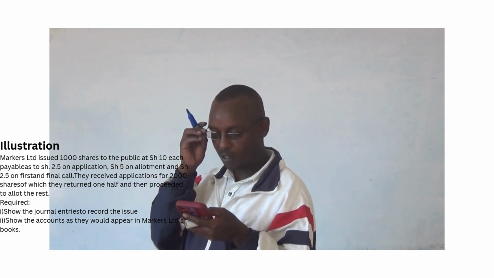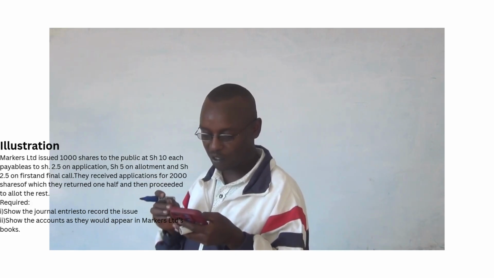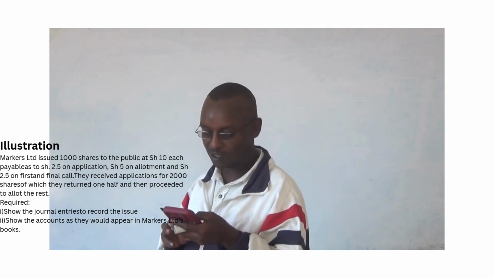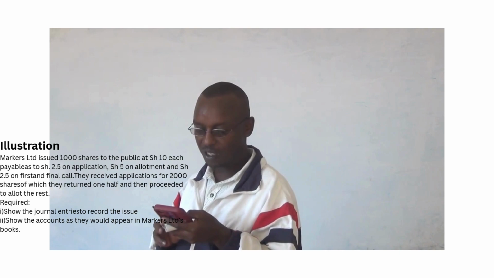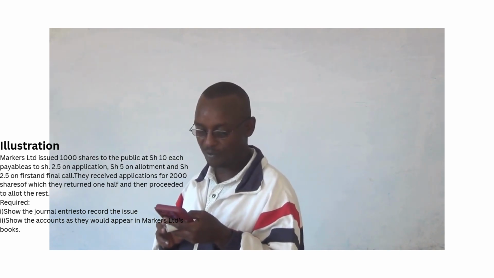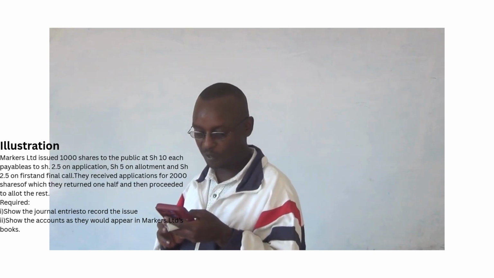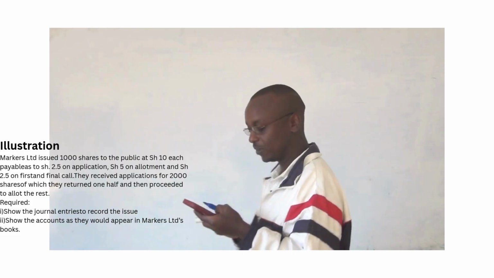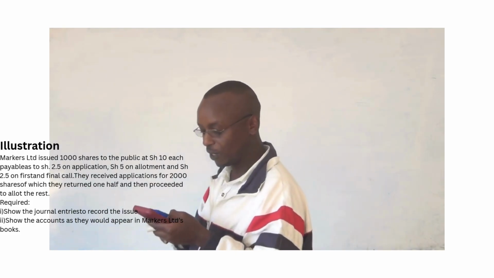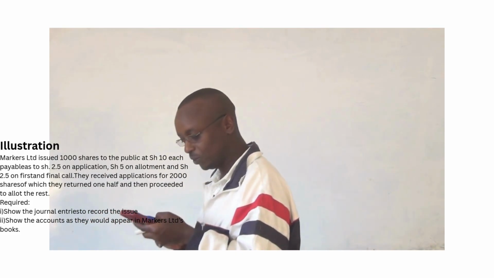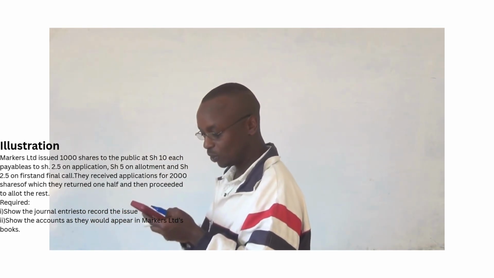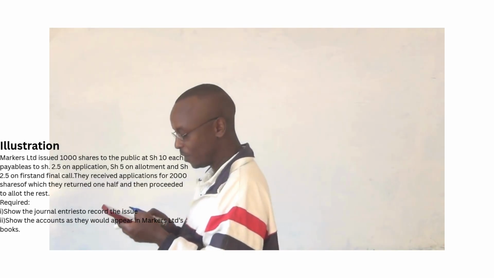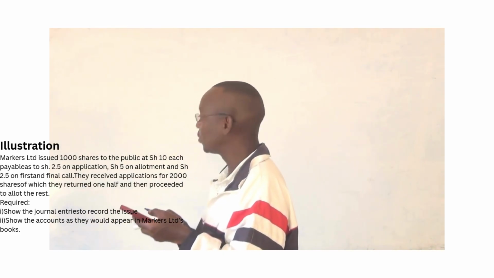They received applications for 2,000 shares, of which they returned half of the proceeds, to allot the rest. Required: 1. Show the journal entries to record the issue, and 2. Show the accounts as would appear in Makers Limited books.